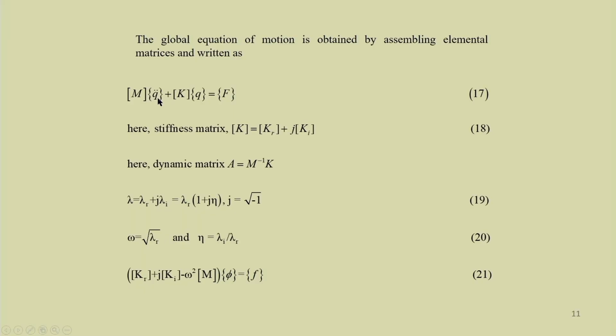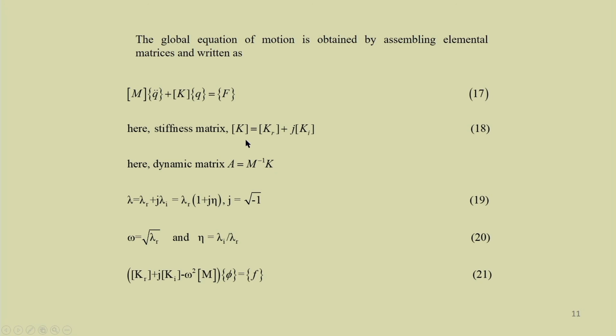Here this Q contains 7 elements. We have already seen these 7 elements, that is U1, V1, U3, V3, W and del W by del x and del W by del y. Depending on the number of elements, the matrix size will go on increasing.